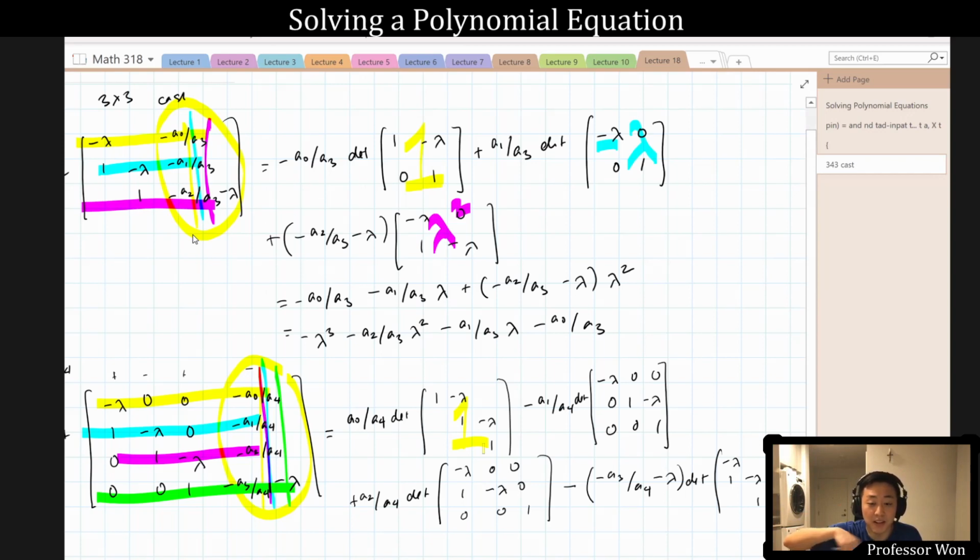The determinant is just the product of the diagonal entries. And just by the way we've constructed it, as you take the next term, you pick up an extra negative lambda along the diagonal, and the matrix still ends up being triangular.